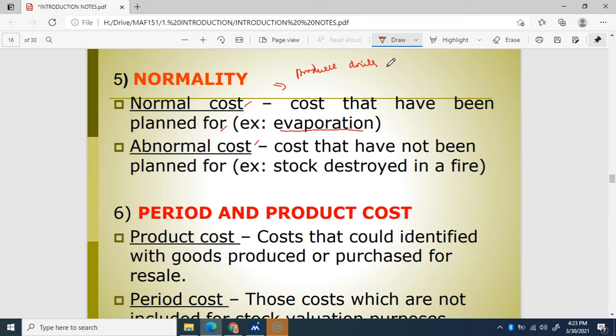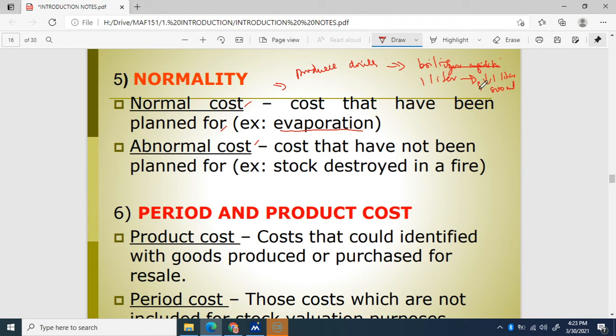When you produce drinks, there is a process where you boil your ingredients with water. During the boiling process, when you boil 1 liter of water, at the end you get less than 1 liter, let's say only 800 ml.